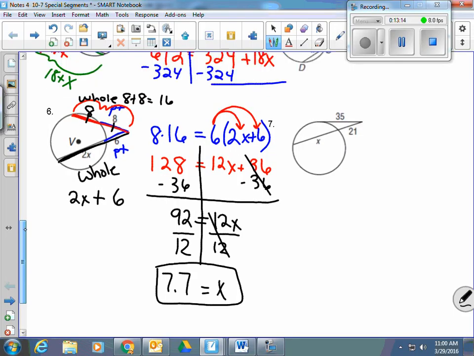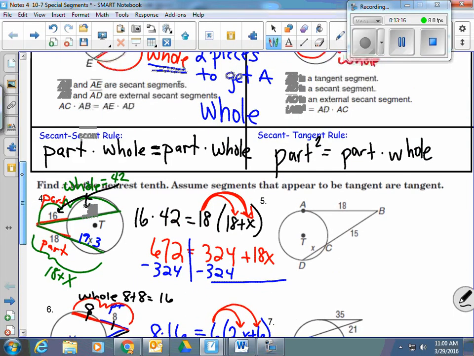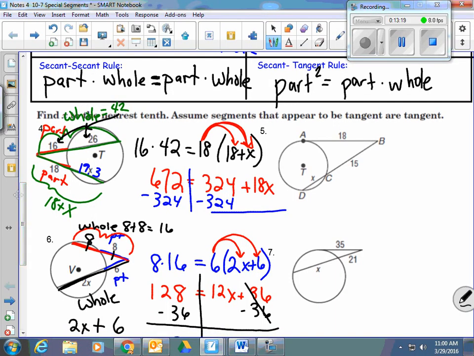Okay? All right, so let's go back up to number 5. What's different about number 5 than the ones that we've been doing? Good, it has that tangent, right? So what do we call this right here? A part. What do we call this piece right here? A part. And what do we call this piece right here? The whole. How big is the whole? What do we have to do to get the whole? 15 plus x.